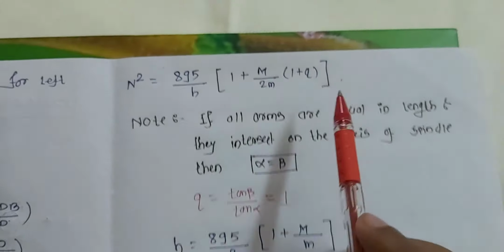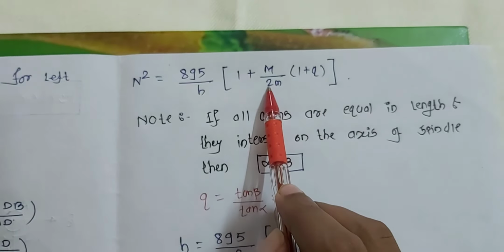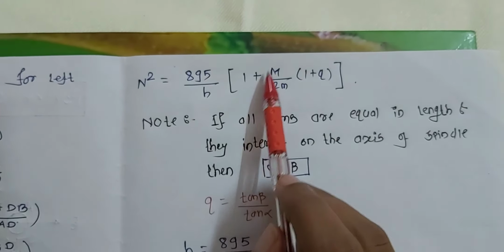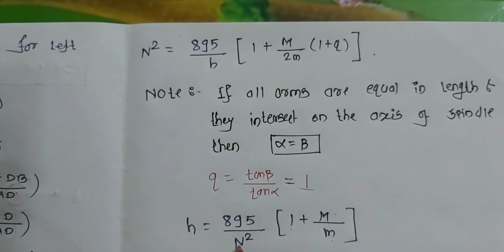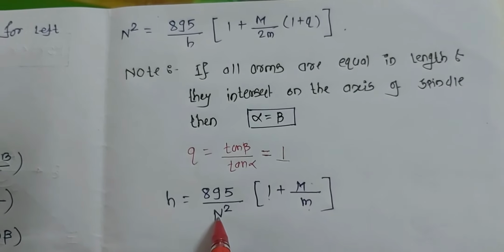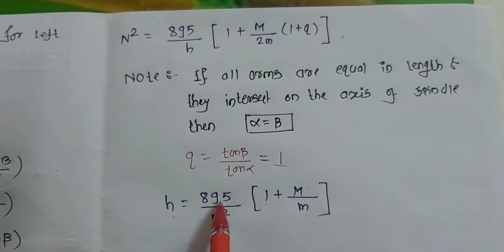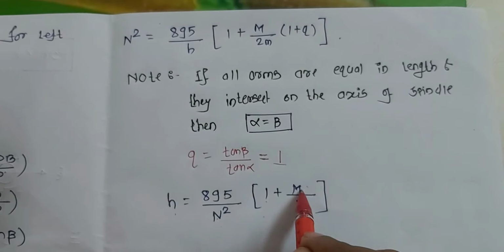So simply putting q value equal to 1, 1 plus 1 is 2, this 2 and this 2 will get cancelled. What is remaining? 1 plus capital M by small m, and this term as it is. So my required expression for height of a Porter governor, if all my arms are equal, then h is equal to 895 by n square inside bracket 1 plus capital M divided by small m.